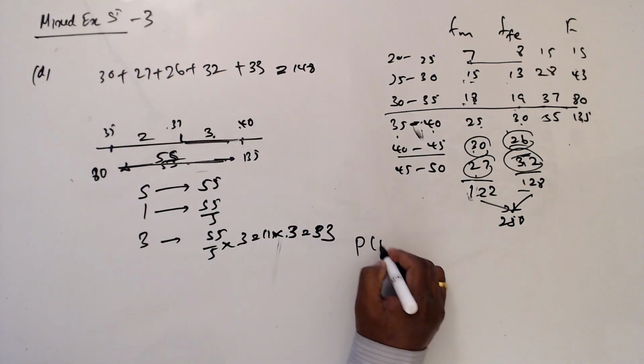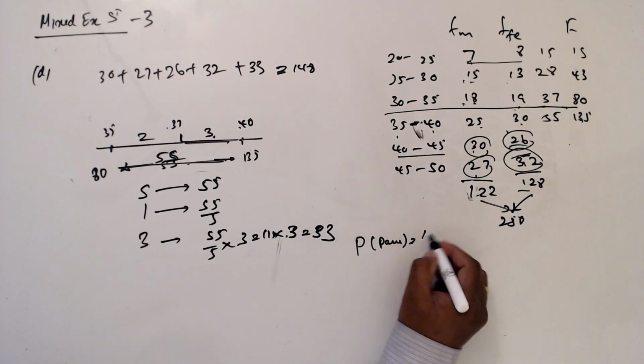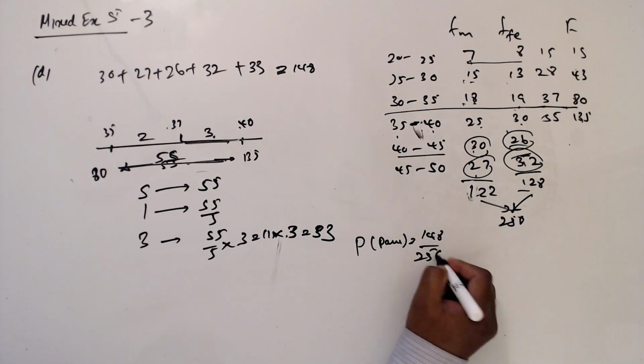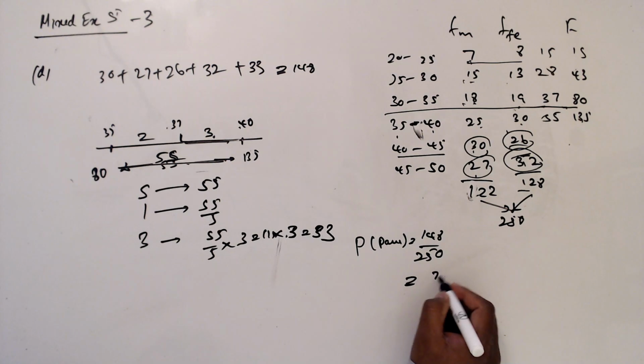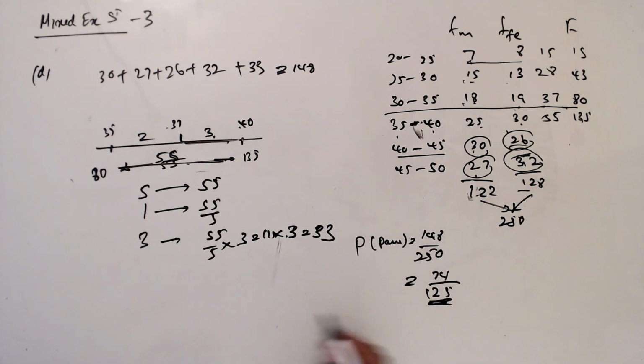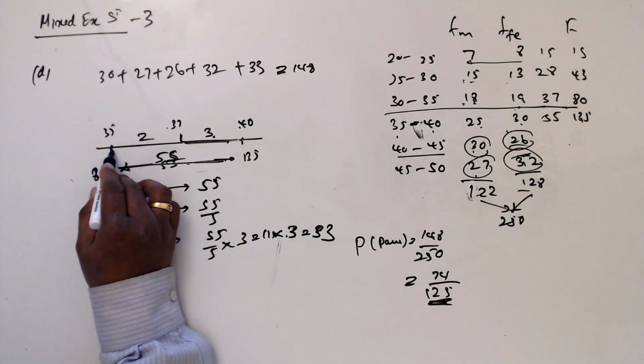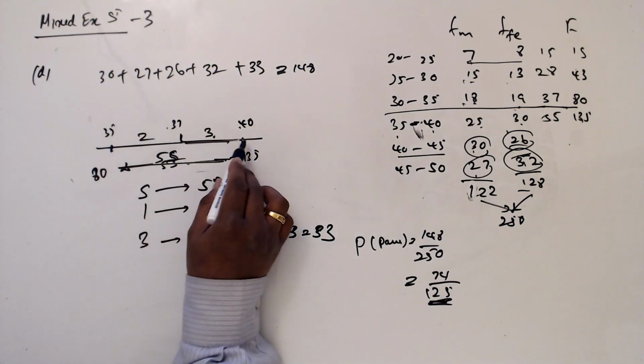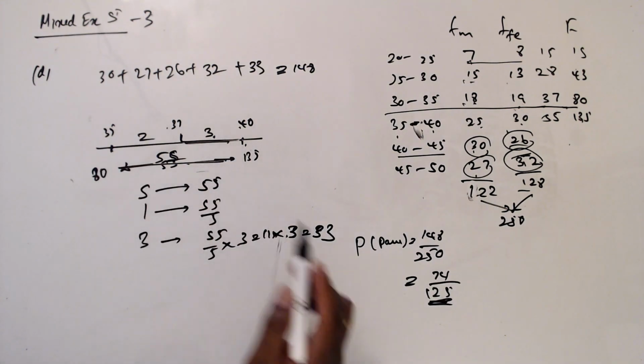So probability of RC is 148 over 250. That is going to be 75 over 125.